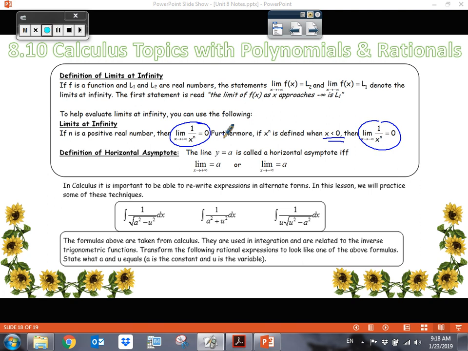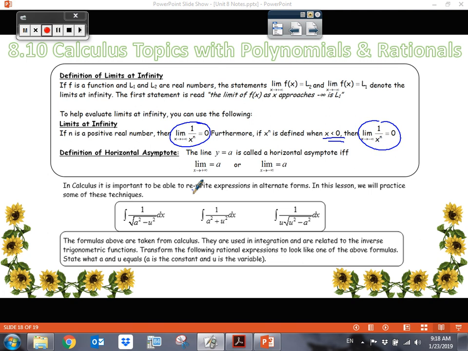The fraction is going to get so small that we're going to say it equals 0. In this particular instance, this is if going to negative infinity, if x is negative, if x is smaller than 0, we use this. We don't use this one that often. This is the main one that we're going to be using.